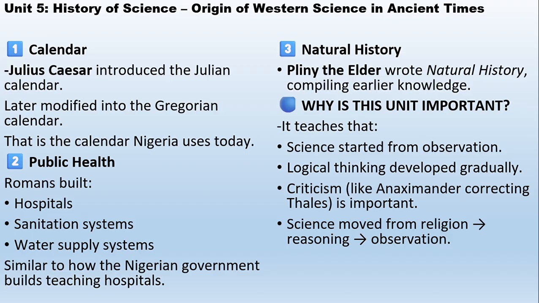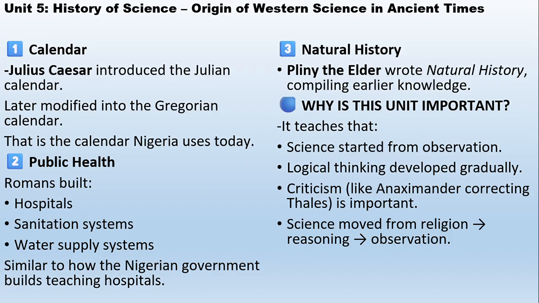They built hospitals used to treat people, for surgery, and to remove cataracts. They built sanitation systems, like drainage, to keep the environment clean. They also created water supply systems using science.